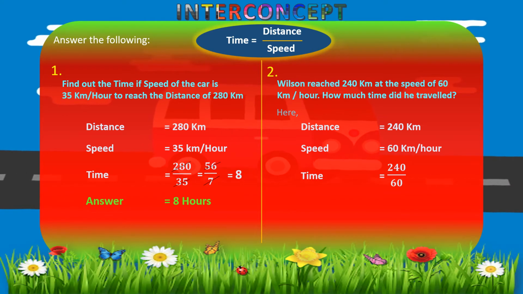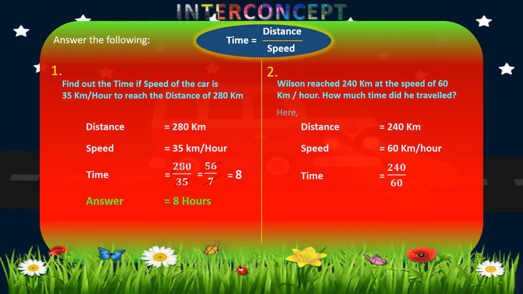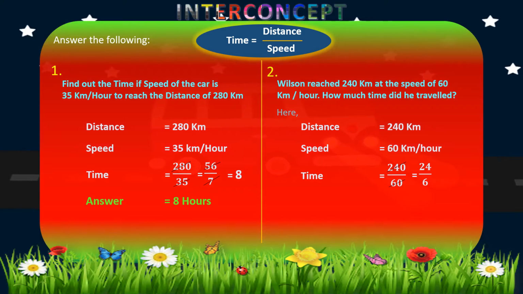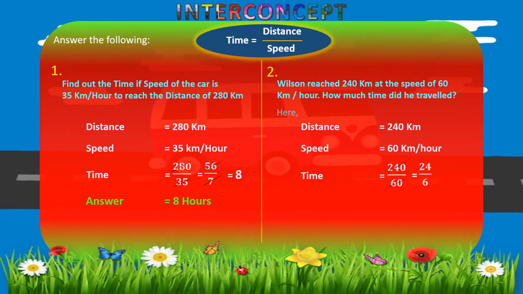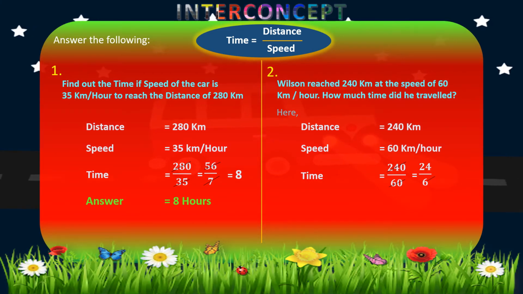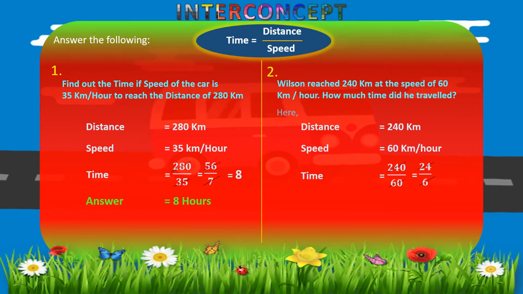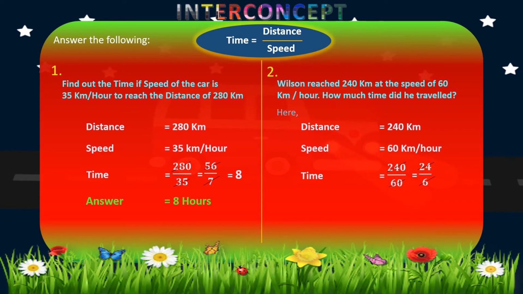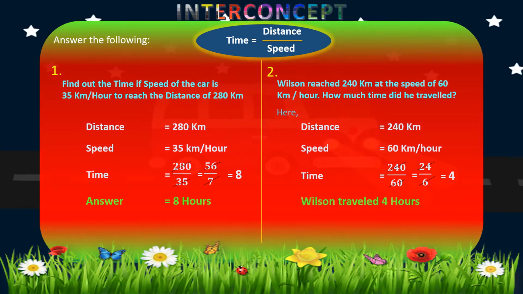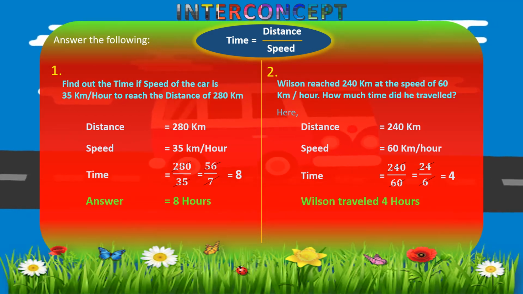Time is equal to 240 divided by 60. Here we use the 10th table. 6 tens are 60 and 24 tens are 240. And we use the 6th table. 4 6s are 24. So Wilson travelled 4 hours.